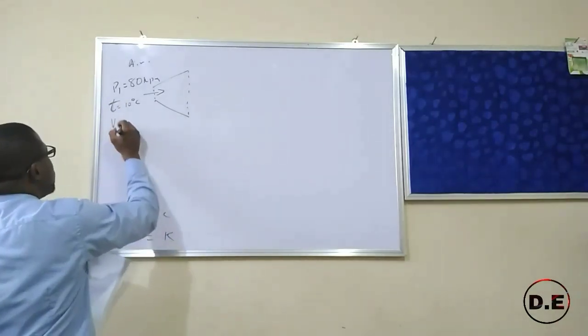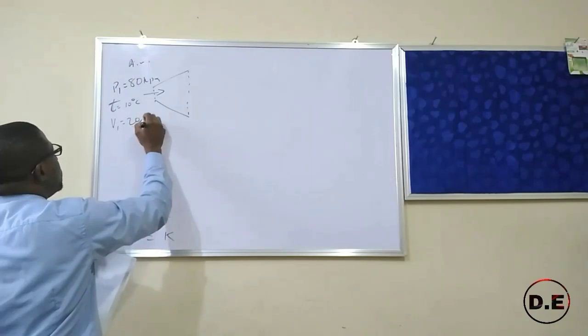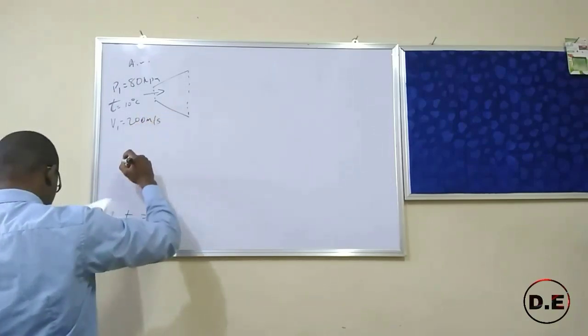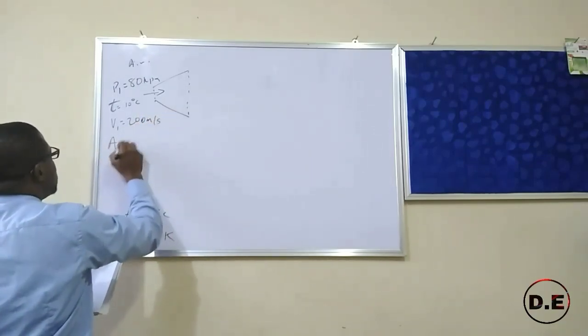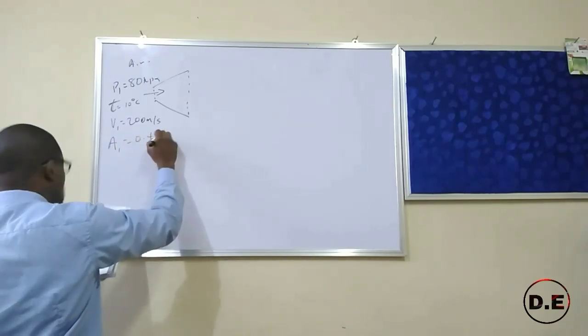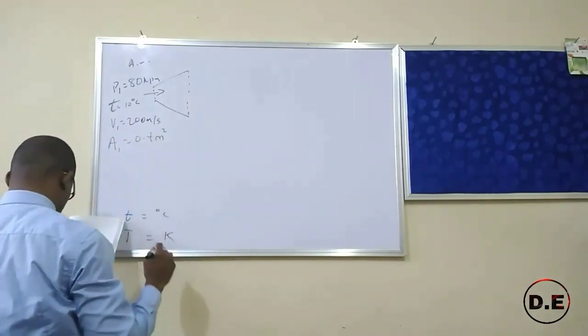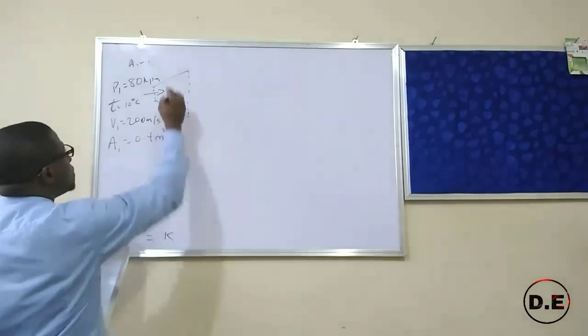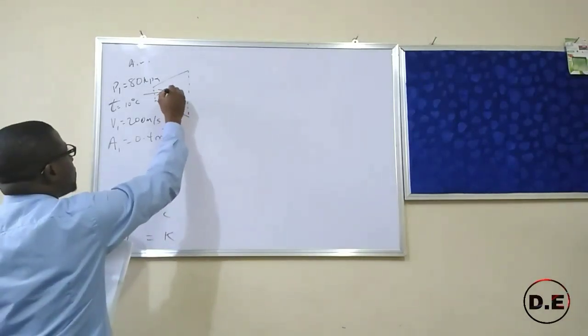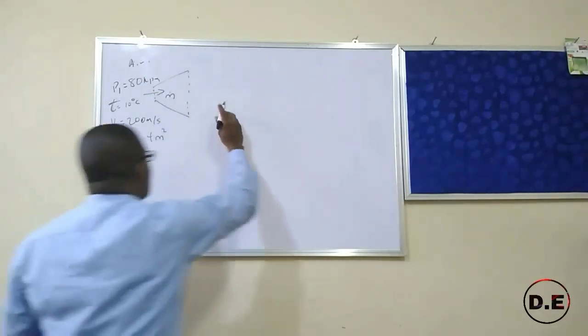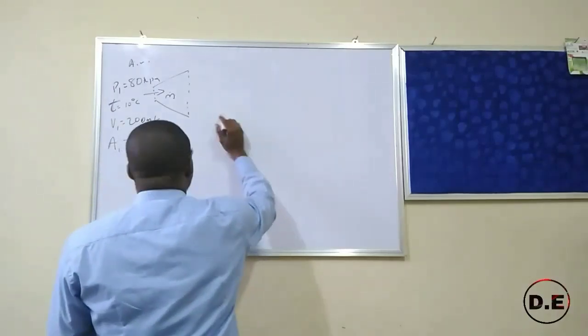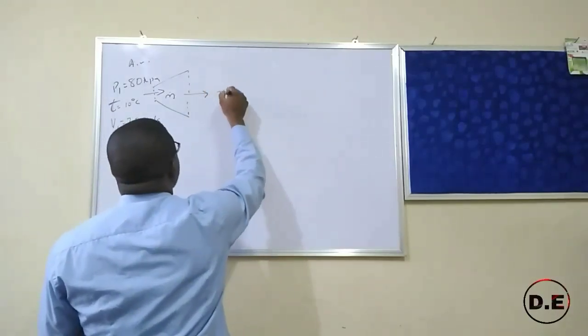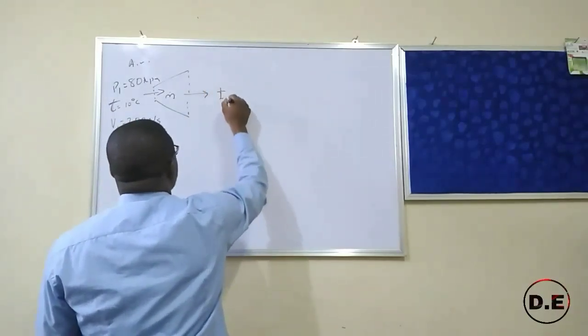We're told the inlet velocity is 200 meters per second, and the area is 0.4 meters squared. We want to find the mass flow rate of air through the diffuser and also the temperature at the exit of the diffuser, T2.